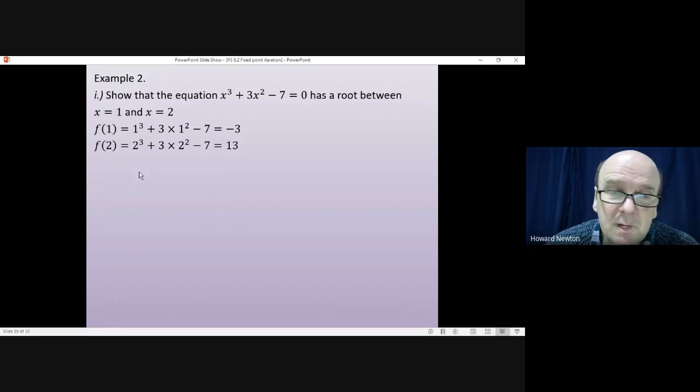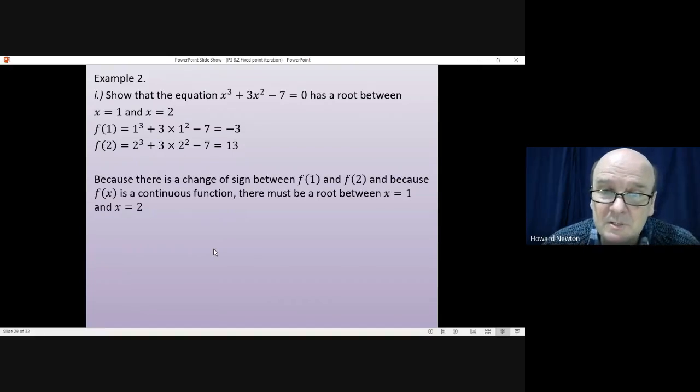And if we put 2 in, we get 2 cubed plus 3 times 2 squared minus 7, which is 13. The significant thing being that it's plus 13. So because there is a change of sign from minus to plus between f of 1 and f of 2, and because f of x is a continuous function, then there must be a root somewhere between x equals 1 and x equals 2.